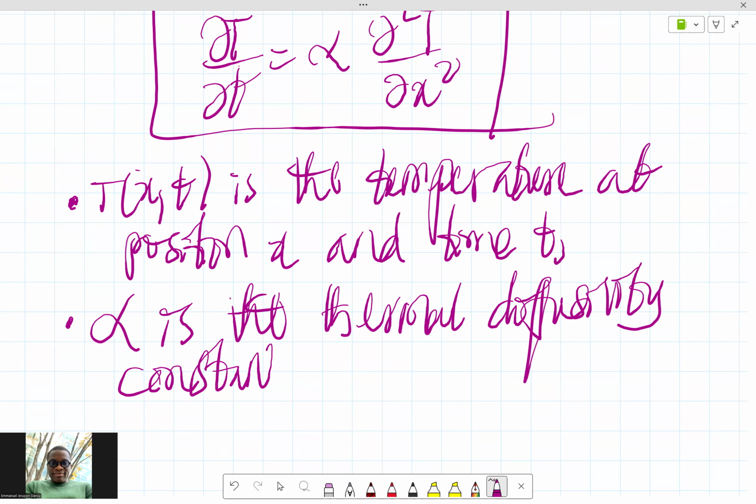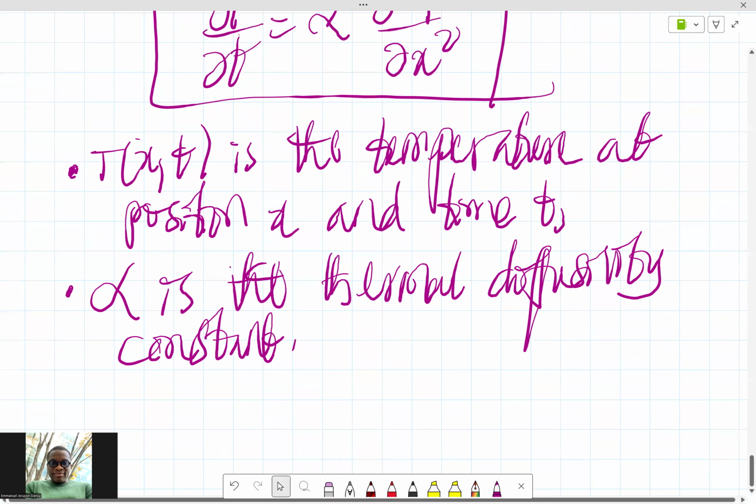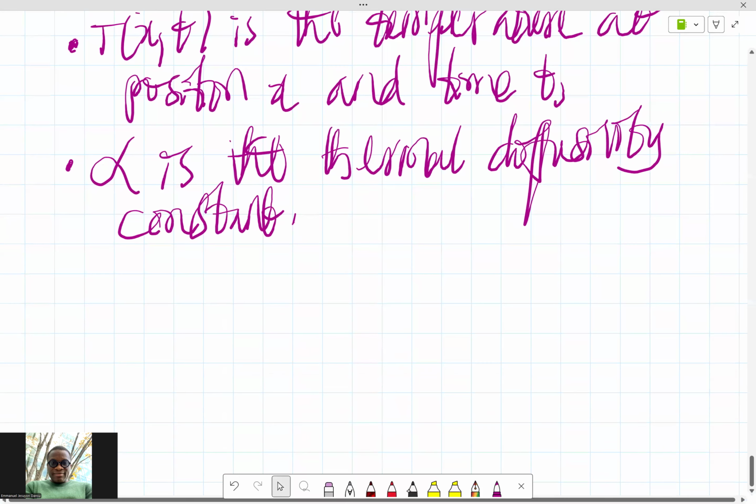So the caveat here is that this is actually a second order ordinary differential equation. In fact, it's a second order partial differential equation for sure. But under specific boundary conditions, it can be simplified to a first order ODE for the average temperature. I think this point is really important.